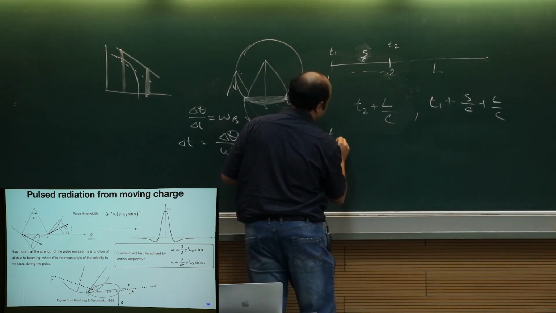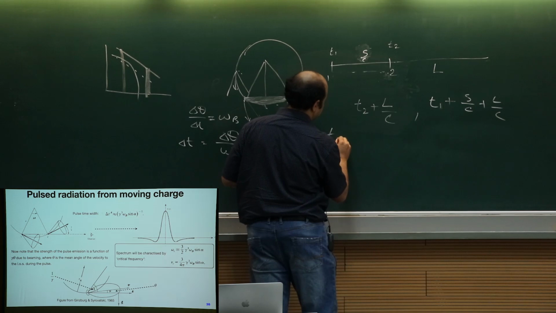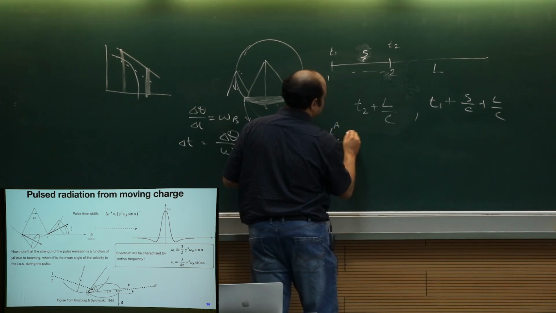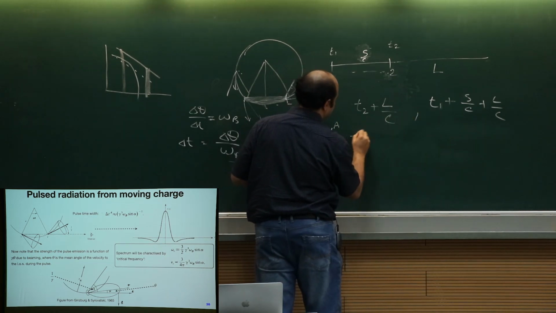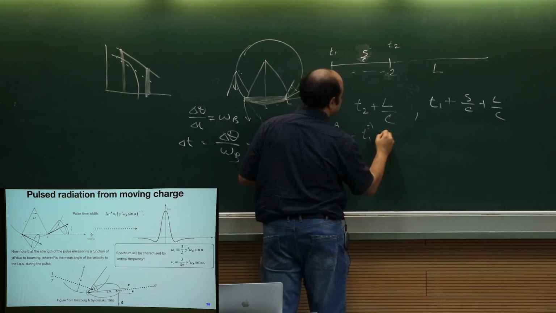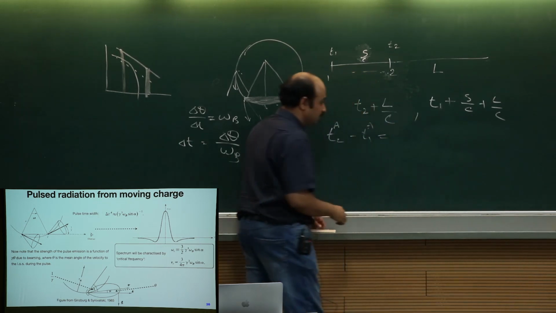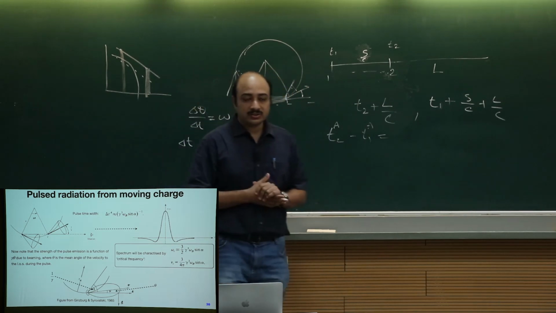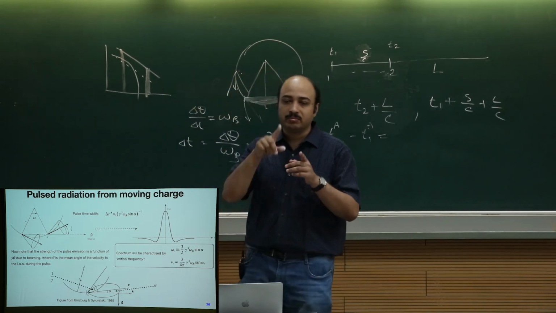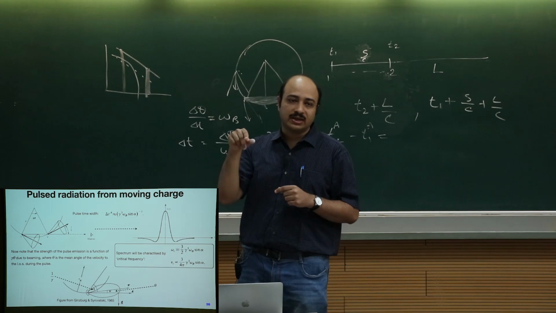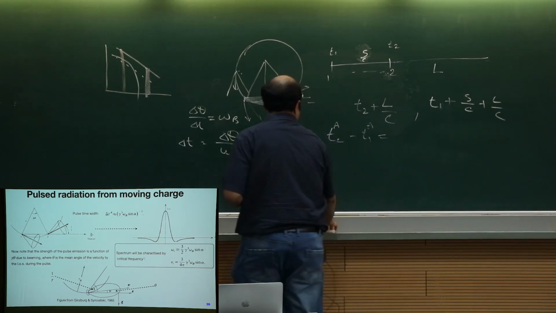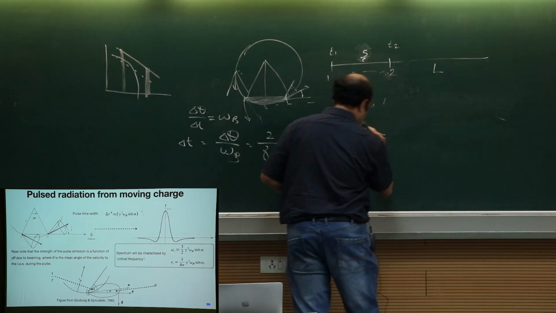So you have to take the T2 arrival time, minus the T1 arrival time, and you'll get an expression here. Try it out. You have to use one approximation, which is 1 by V minus 1 minus V by C. You'll get something like this. Again, I unfortunately don't have time for all of these.